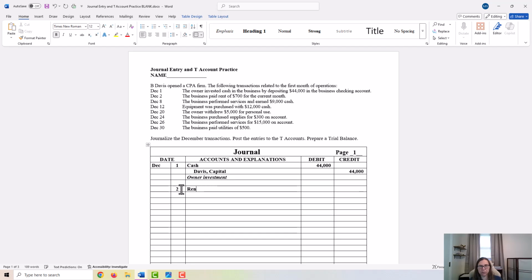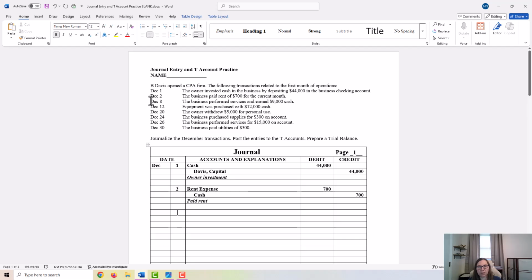So that's going to go first. And then we're subtracting from cash. So that would be the credit. When you add to cash, it's a debit. When you subtract from cash, it's a credit. And then I would want to put an explanation.